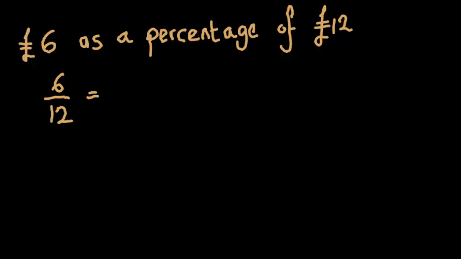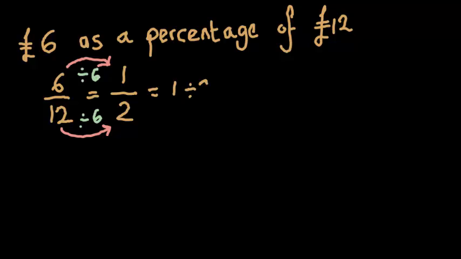So what goes into both 6 and 12? Well, 6 goes into both, so we divide the numerator and denominator by 6. So 6 divided by 6 is 1, and 12 divided by 6 is 2. 1 over 2 is simply 0.5, that's pretty simple. 0.5 times 100 is 50%.